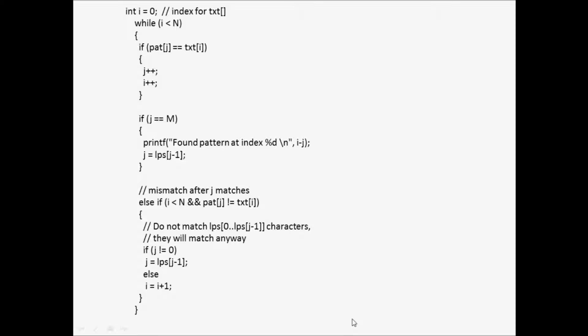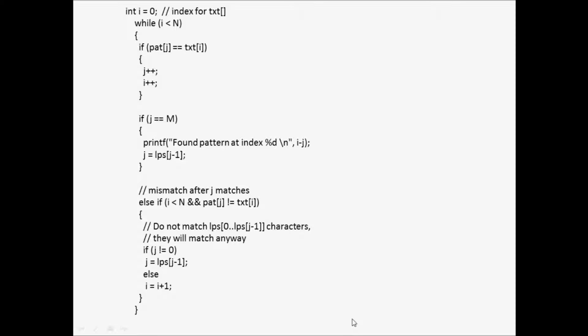This is what we discussed in the rules. First i equals 0, while i is less than n, if pattern of j equals text of i, then i plus plus and j plus plus. If j equals m, that is, if you have reached the pattern length, then print the solution, and j equals LPS of j minus 1.